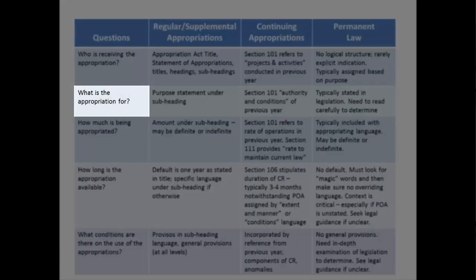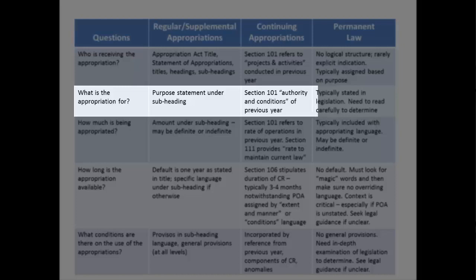Question 2. What's the appropriation for? In regular and supplemental appropriations, the purpose statement is typically the prepositional phrase that leads off the appropriating language in an unnumbered paragraph, with such words as for carrying out, for necessary expenses, for making payments, and so forth. To find the purpose in a CR, again we follow our roadmap back to the appropriate reference in the previous year.